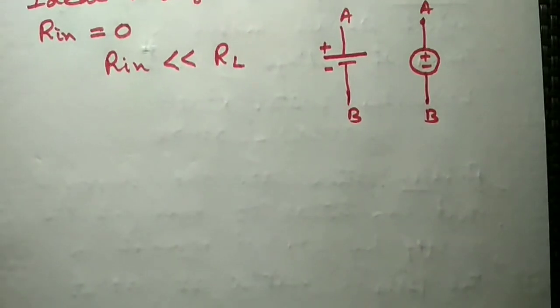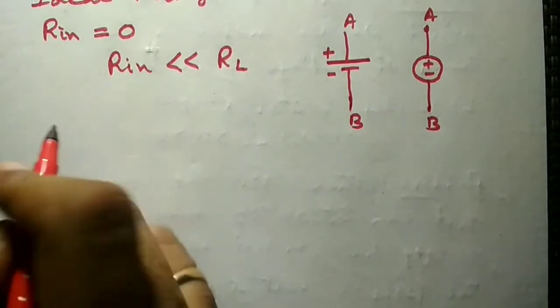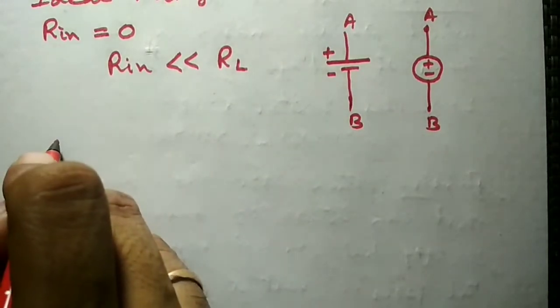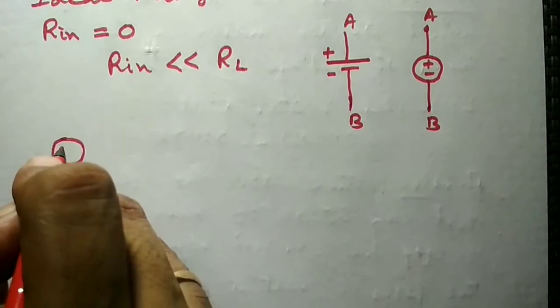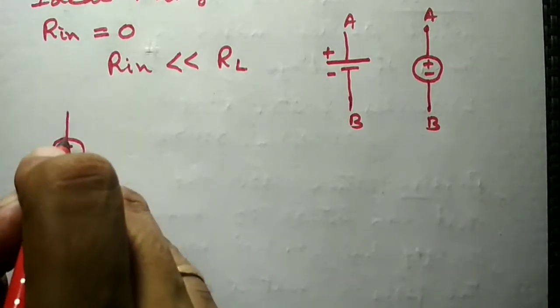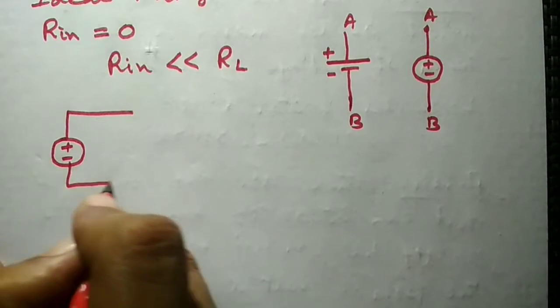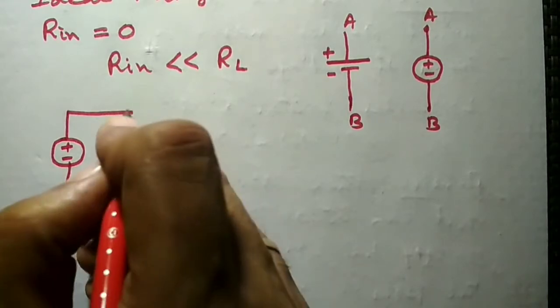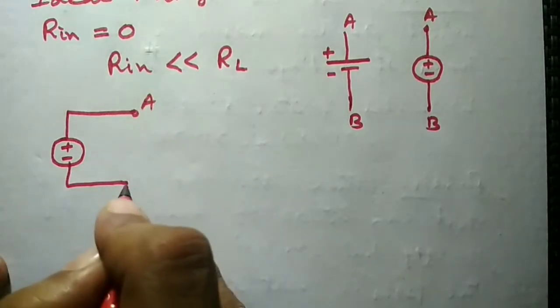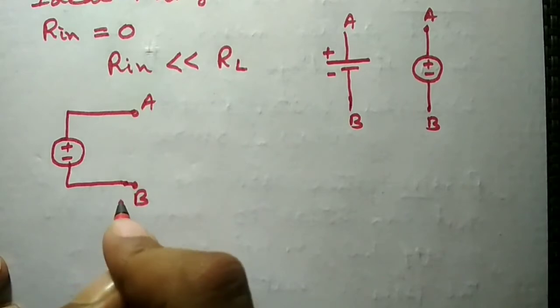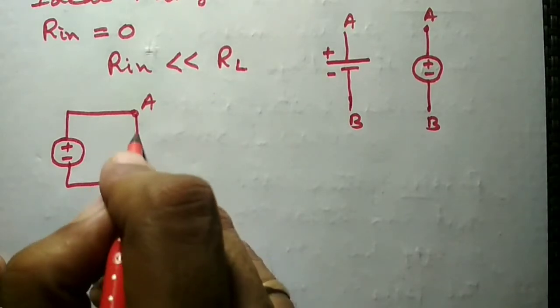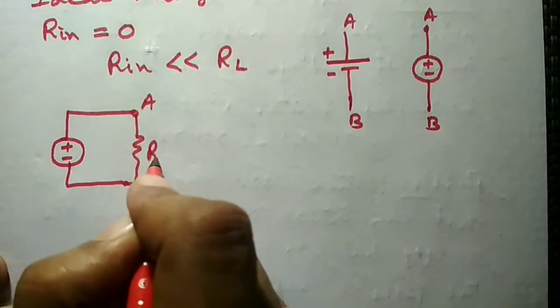The circuit diagram of the ideal voltage source and the corresponding characteristics can be shown. Suppose we apply an ideal voltage source, this is the load terminal A and B, and some load resistance is connected here.